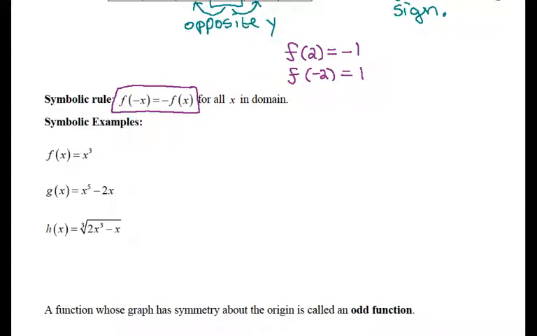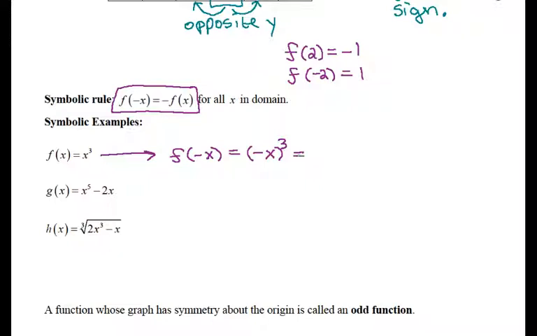So some symbolic examples are written here, and we can see why this rule is satisfied by looking at what happens when we take f of -x. That would be, in this case, (-x) cubed. Now the power 3, because it's an odd power, it maintains the sign.